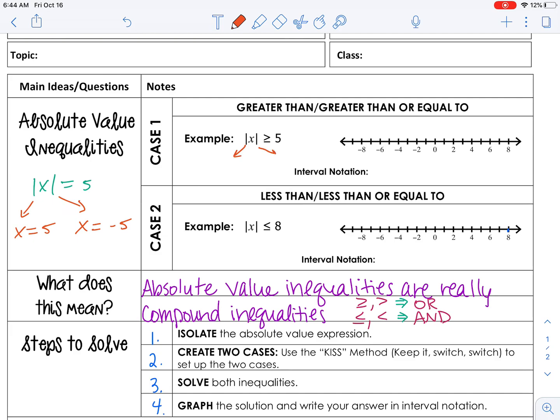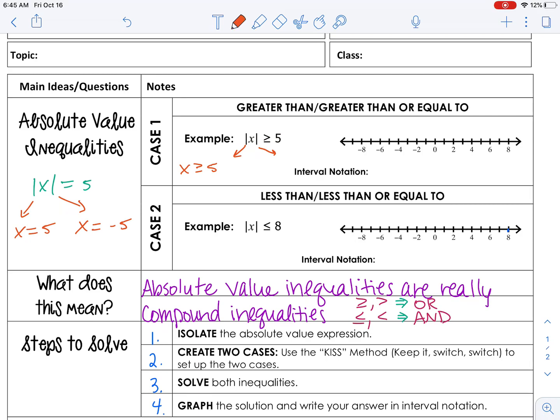So we're going to do something similar here. We have x is greater than or equal to 5, so notice that I haven't changed anything. I've kept everything the same. All I've done is dropped the absolute value bars. That's case 1.